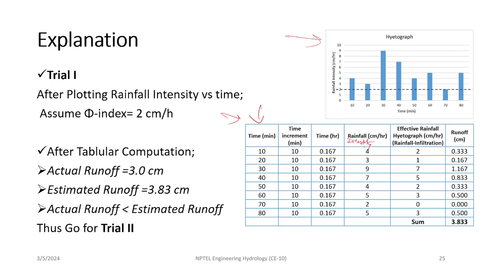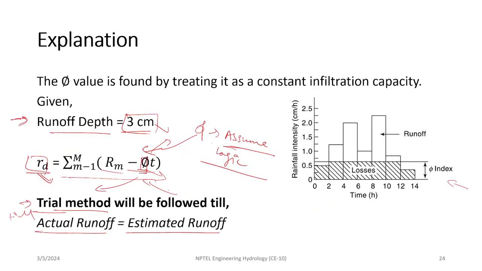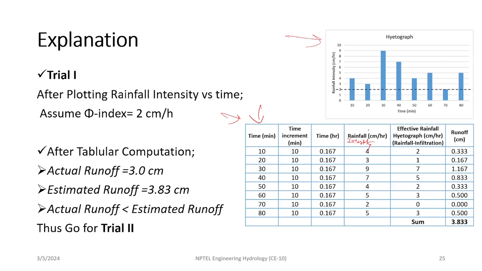There is confusion in this. It will be centimeter per hour only, but it should be a rainfall intensity. Ashish, be clear with this. This is a rainfall intensity having unit of centimeter per hour. Intensity was missing. There was some writing mistake in this case.